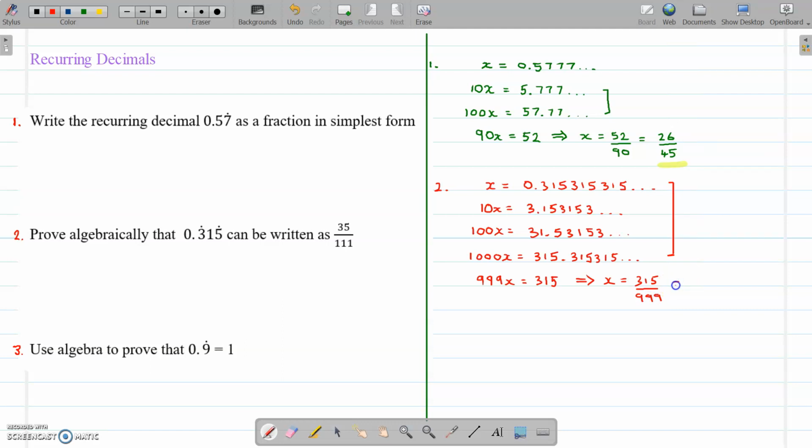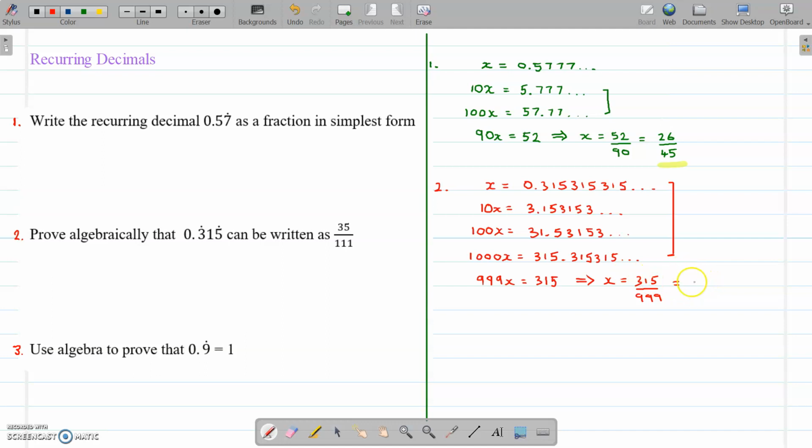So what we're going to do is notice, hopefully, that the bottom divides by 9. That's pretty obvious. Maybe not so obvious for the numerator, but it does divide by 9 because if you add the digits of a number together and it gives you a multiple of 9, then the whole number divides by 9. 3 plus 1 plus 5 is 9, so that means 315 divides by 9.